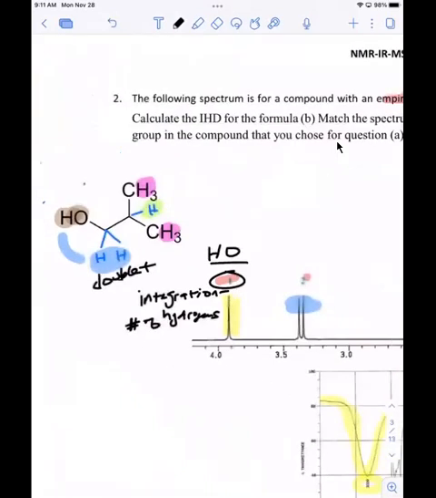Right, and it's at 3.35, somewhere in there. Why is it so far downfield? What causes a signal for a set of protons to be downfield? What's the term?